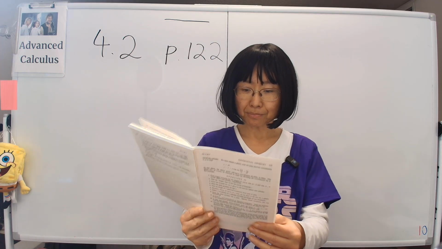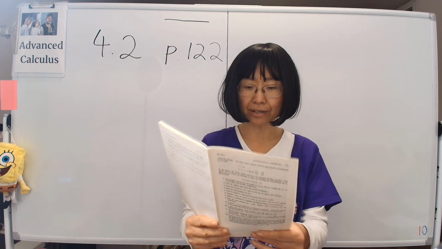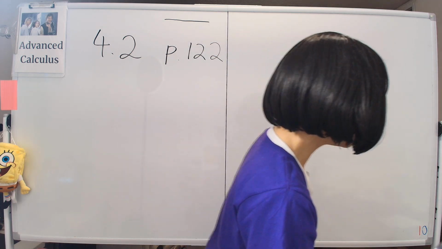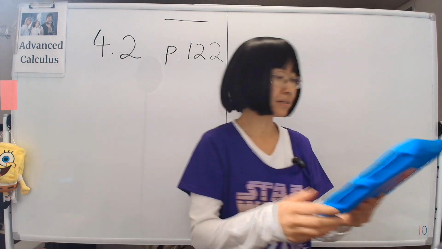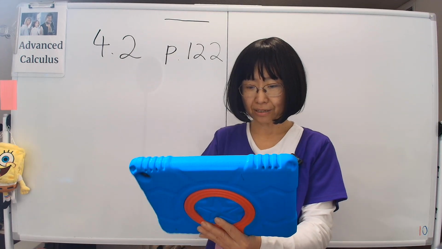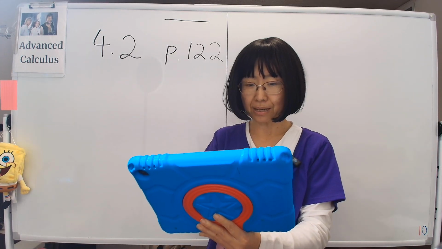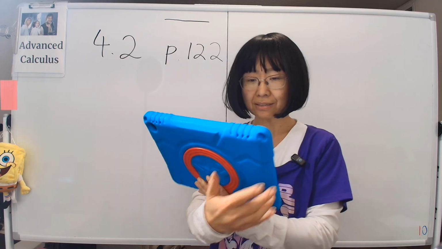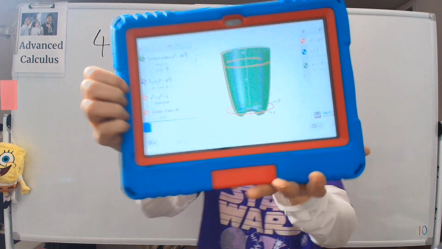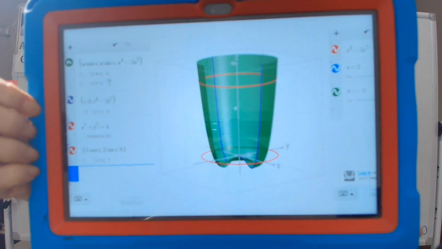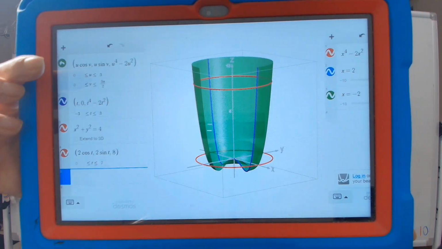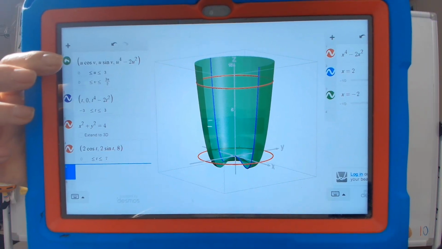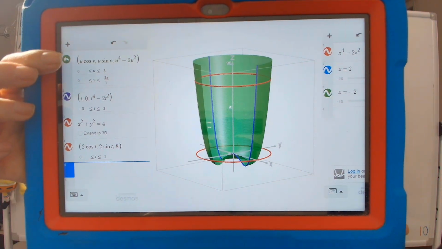Now, next, the book considers an example, okay? Please work this example out yourself. What we're going to do is spin some curve around the x-axis, and then consider whether there is a maximum or minimum. So please plot this thing out in the Desmos 3D calculator. And here's what I did for this example, okay? Once you spin the curve around, the parametric representation will look something like this.